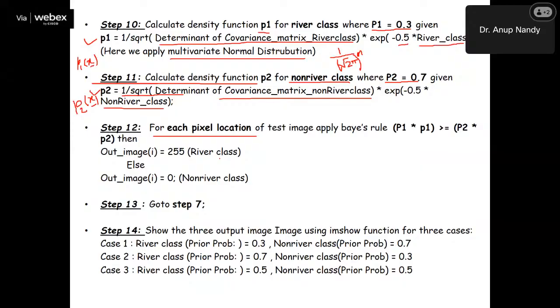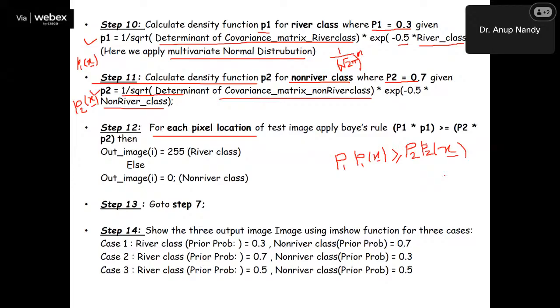For each pixel location of the test image, you have to apply the Bayes rule, that is capital P1 into small P1 x is greater than or equal to capital P2 into small P2 x.